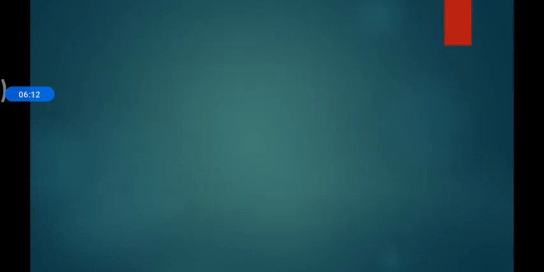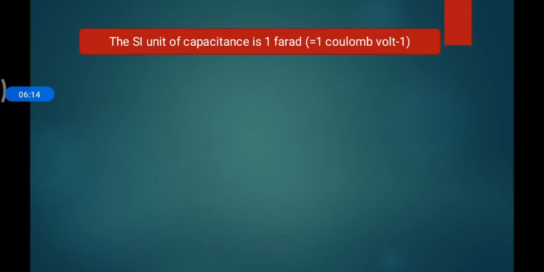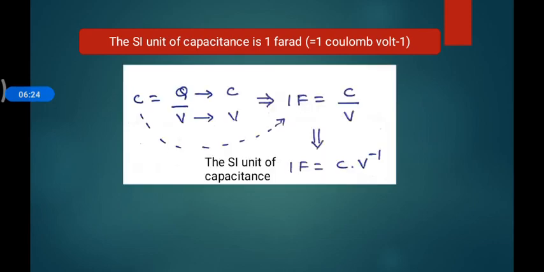Okay, the SI unit of capacitance is 1 Farad. Actually the unit is coulomb per volt. How? Because C is equal to Q by V. As we saw earlier, charge we can measure in terms of coulomb and potential in terms of volt.